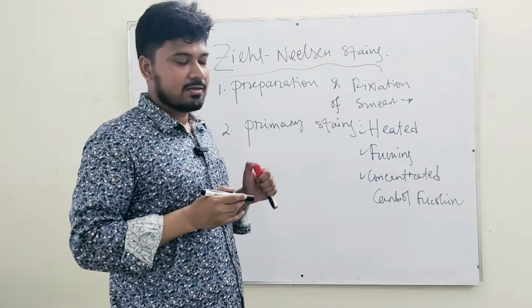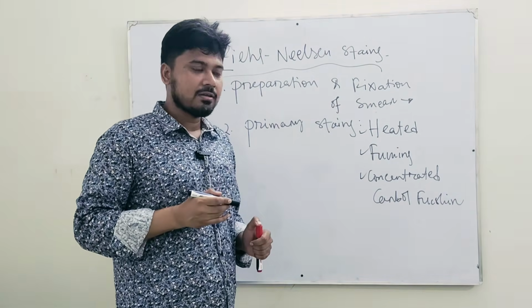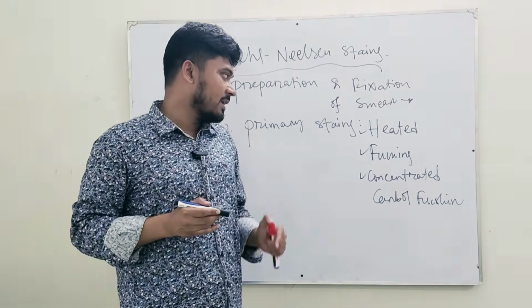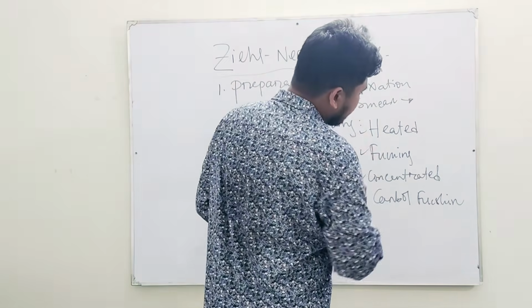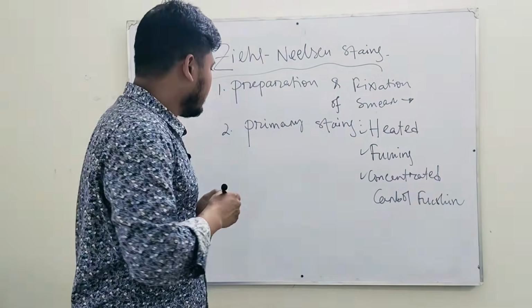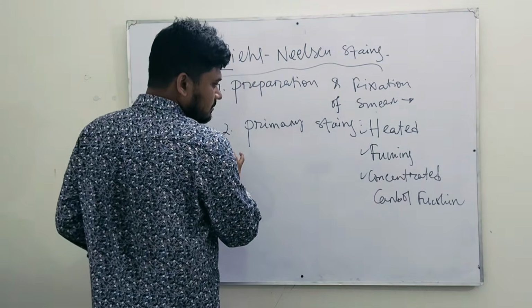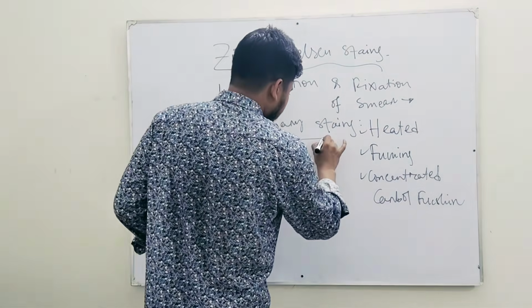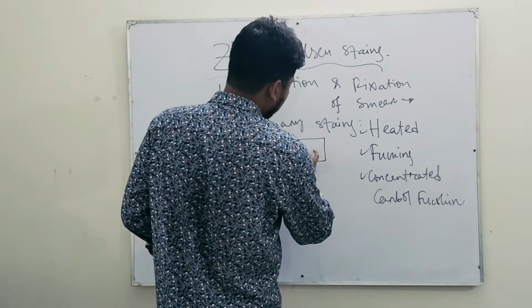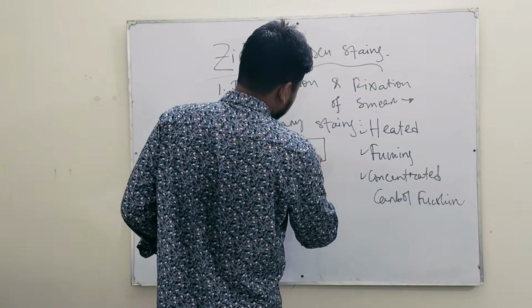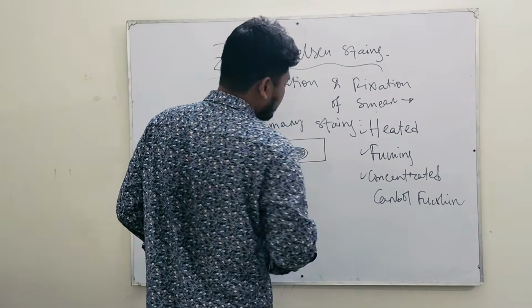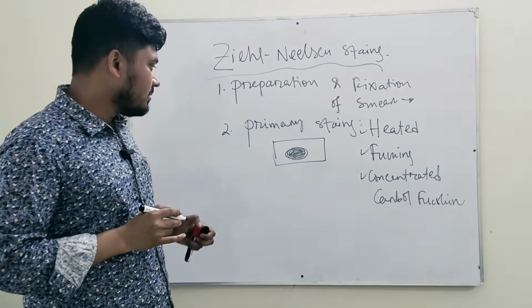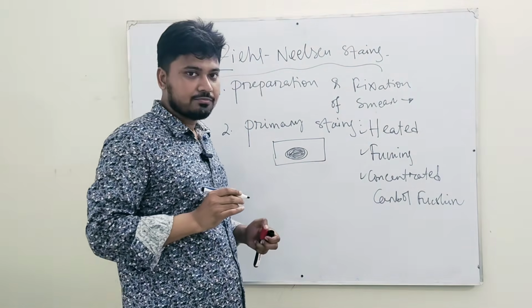This mycolic acid is a lipid substance, and for better penetration of this layer, we use heated carbolfuchsin. We will cover the smear with heated concentrated carbolfuchsin for 5 to 10 minutes and then wash with tap water.